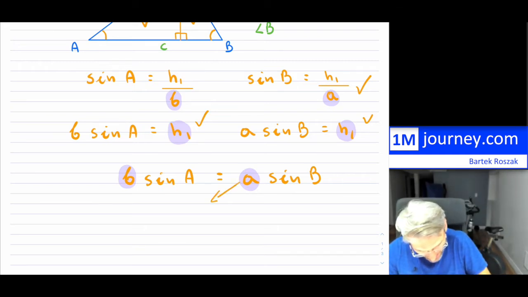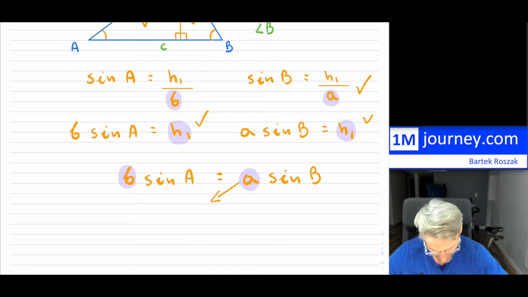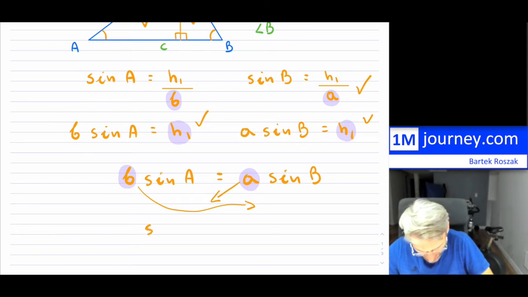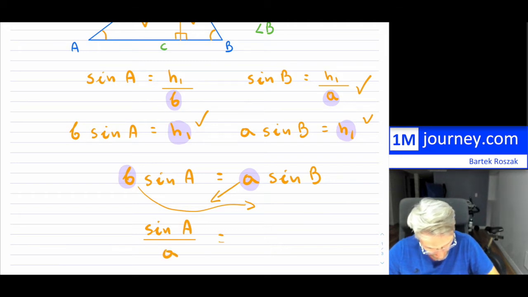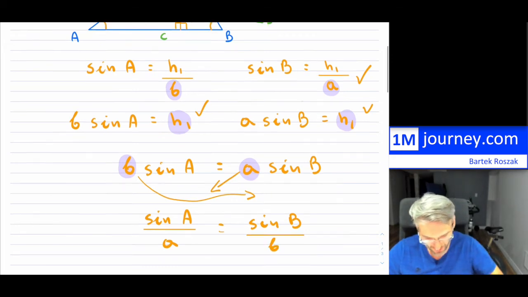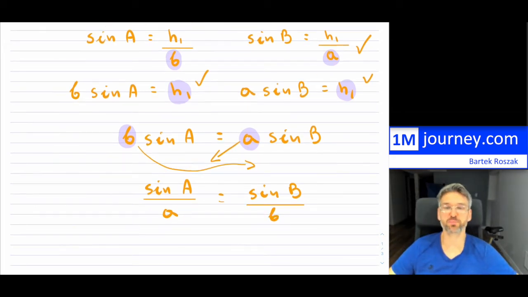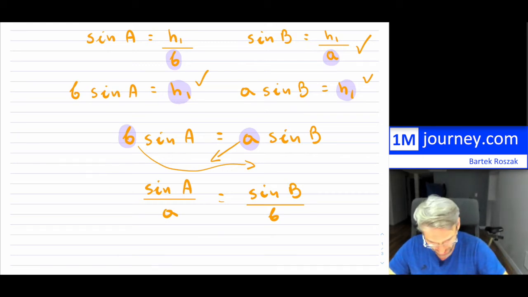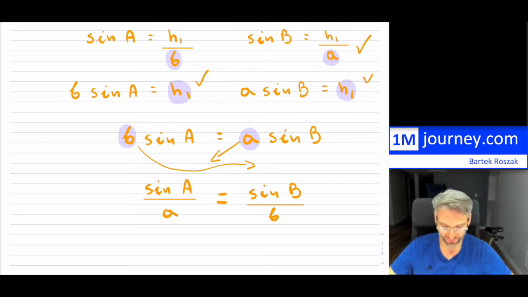So I'm going to divide both sides by A, and then divide by B. I'm going to get sine of the angle A divided by A is equal to sine of the angle B divided by B. And there you have it. So that's the first portion of the sine law.